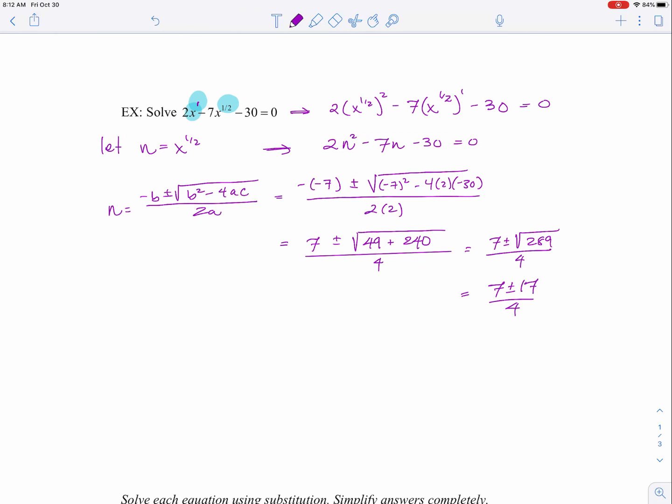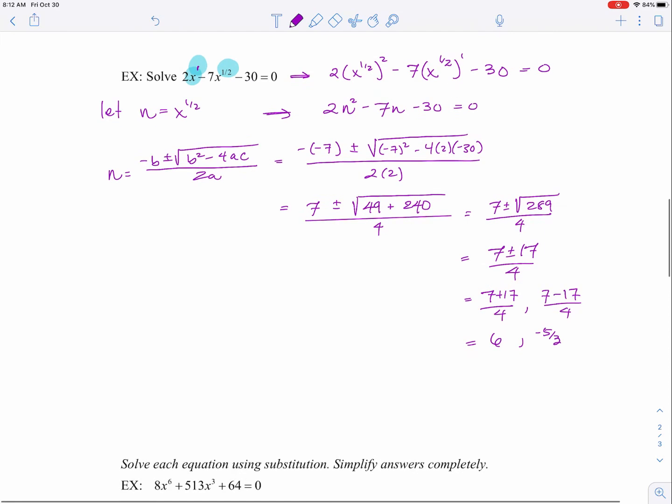Anyway, that means that this is 7 plus 17 over 4, or 7 minus 17 over 4. Now 7 plus 17 is 24, and 24 over 4 is 6. And then negative 10 over 4 is negative 5/2.